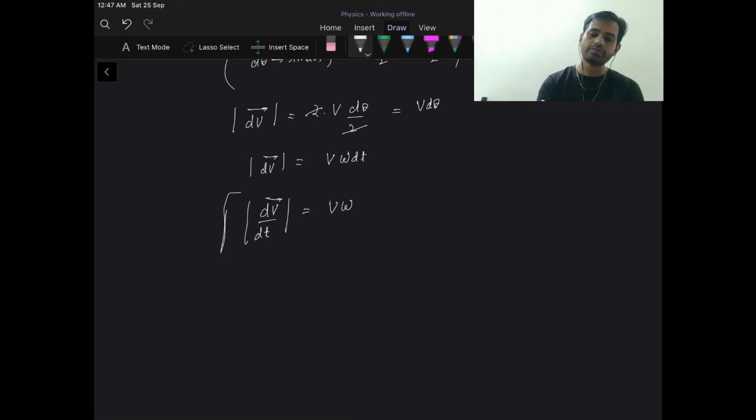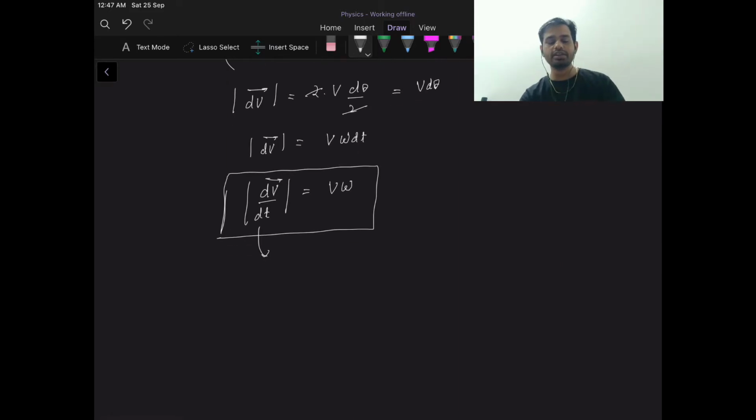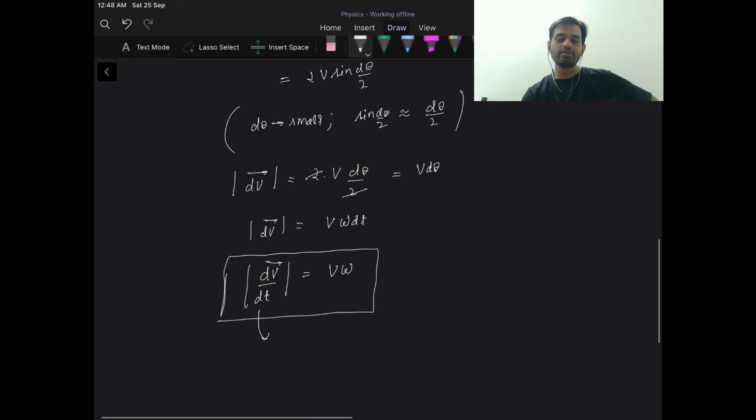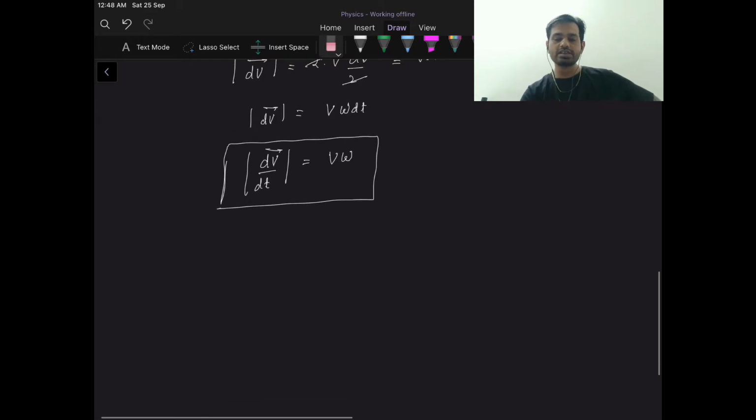Is this clear? Okay, now what is this dv by dt? dv by dt is nothing, it is just acceleration. We will see what is the name of this acceleration.